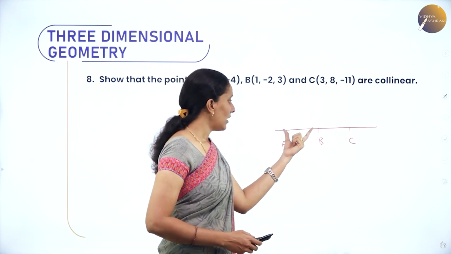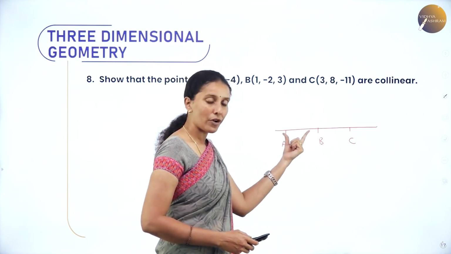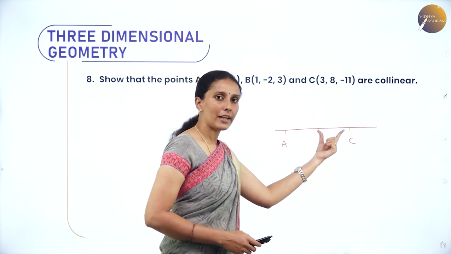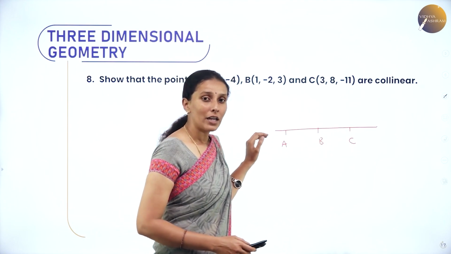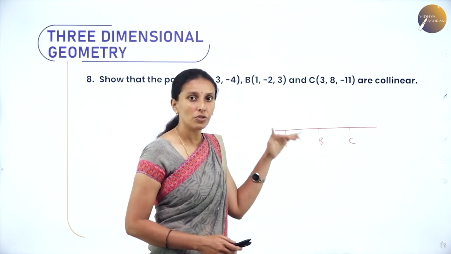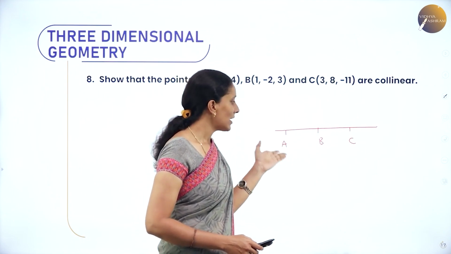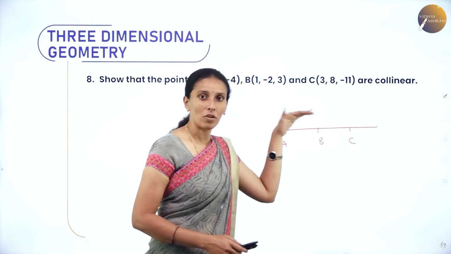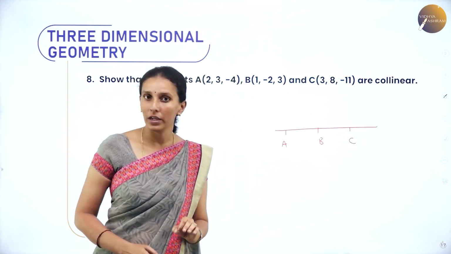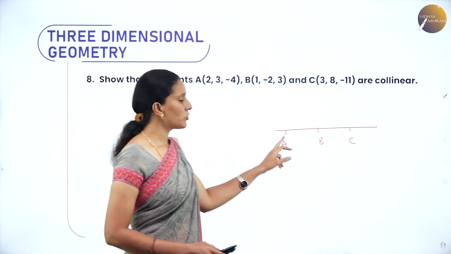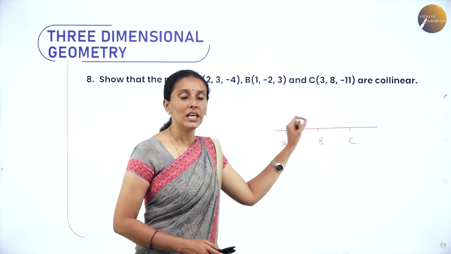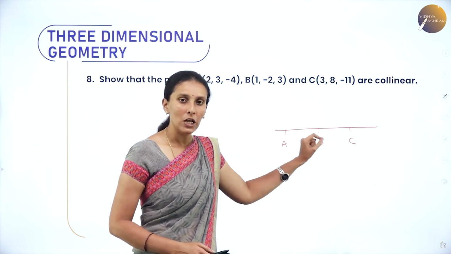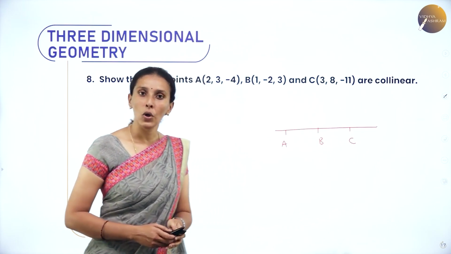So if I find the direction ratios for line AB and for BC, and they are proportional, that means they are direction ratios of the same line. Same line means all the points are on the same line, which shows that they are collinear. So we are going to find the direction ratios of AB as well as BC, and then show that they are proportional, so that points A, B, C are collinear.